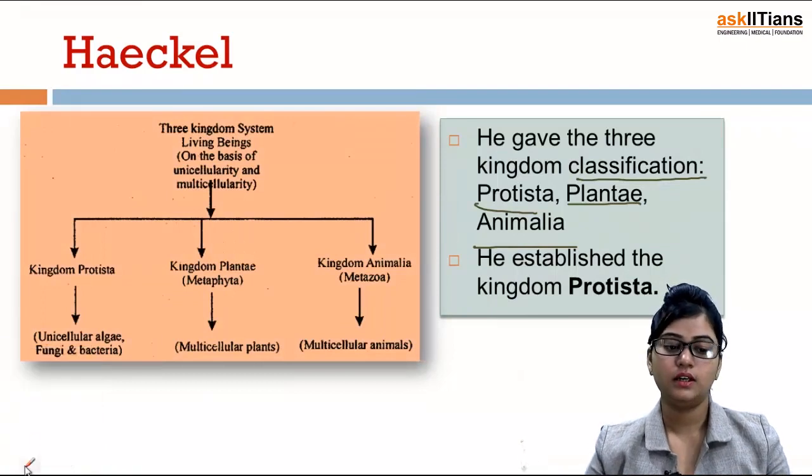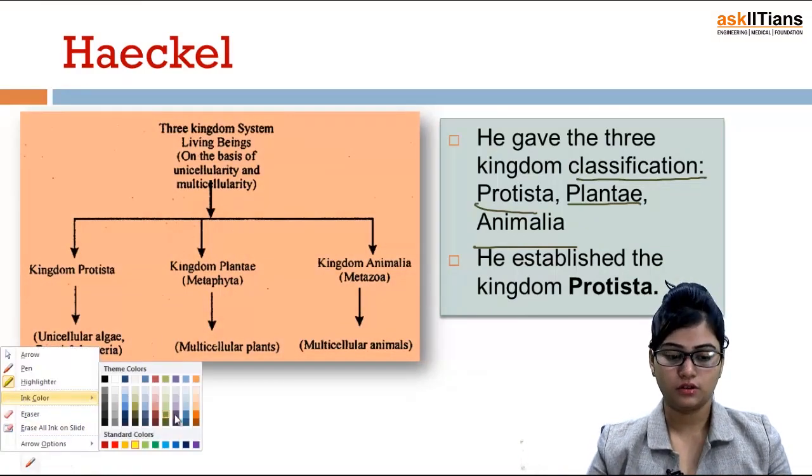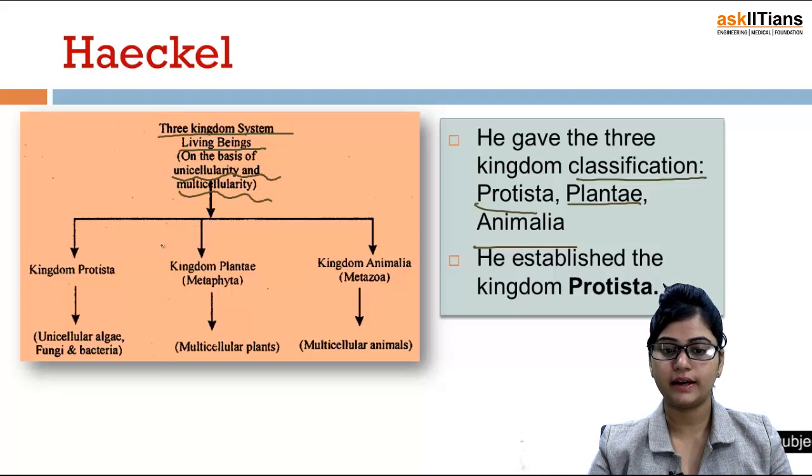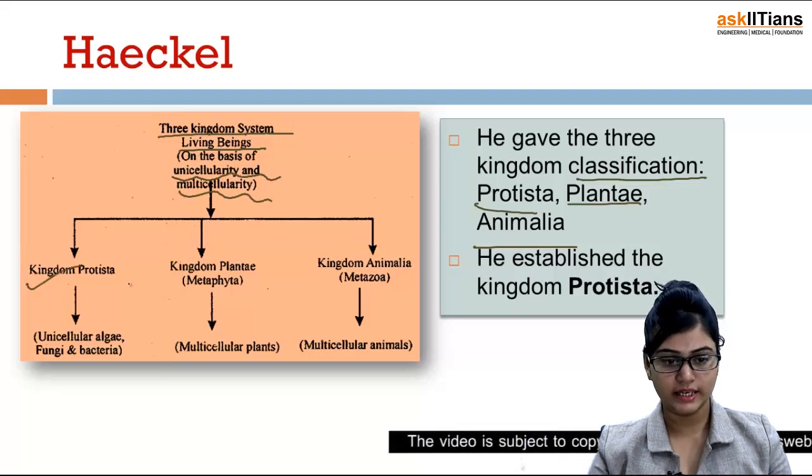Look into the description, look into the classification given by him. Let me take the color red again. So the three kingdom system classified living beings on the basis of unicellularity and multicellularity.